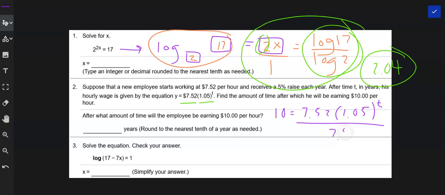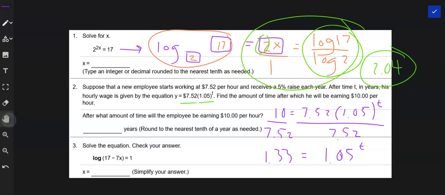And we're going to divide out the 752. That's the first step, 7.52. And what is 10 divided by 7.52? 1.33. 1.33 equals 1.05 to the t power.